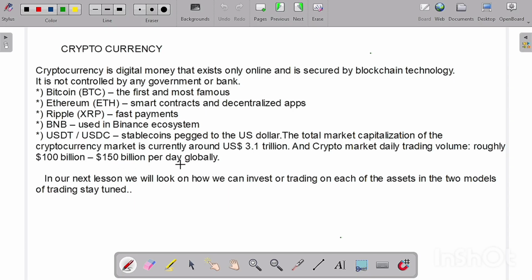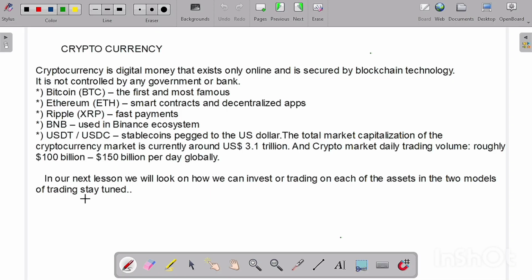That's why I have outlined those four assets which are traded globally, and they are easily traded in the digital space. So in our next lesson, we will look at how we can invest or trade in each of the assets in the two models of trading.